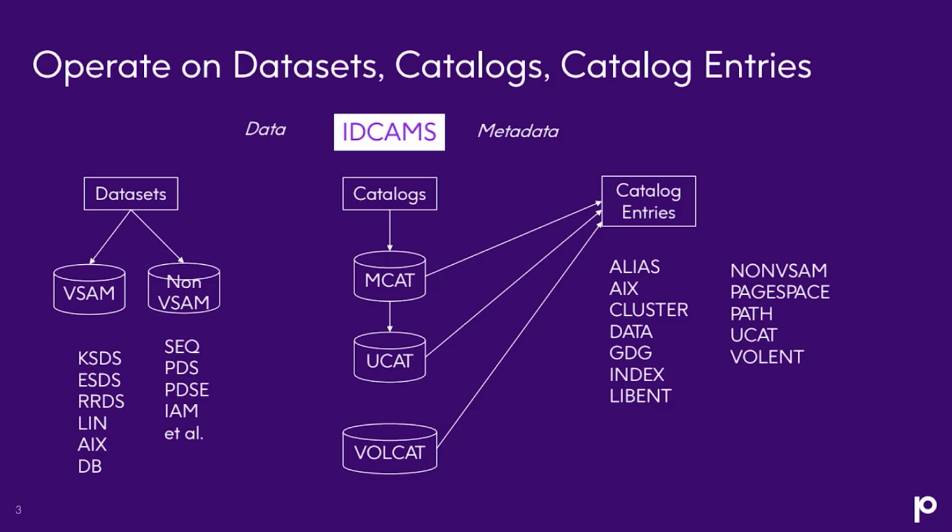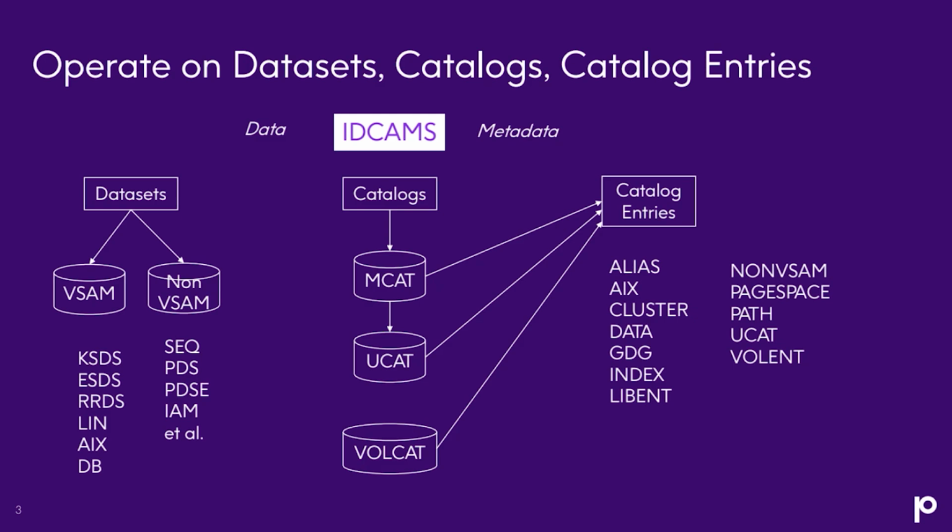The LIBENT and VOLENT entries are entries in a special catalog called the VOLCAT catalog, well, it's usually called SYS1.VOLCAT.VGENERAL, which is a special catalog really only for system managed tape data sets, as opposed to the usual catalogs.